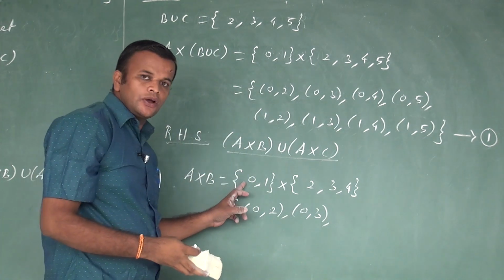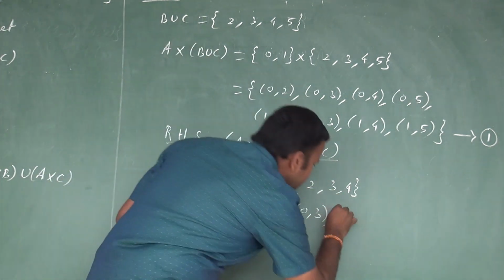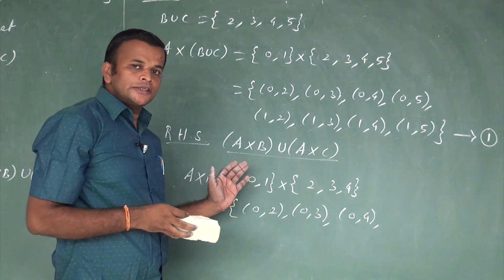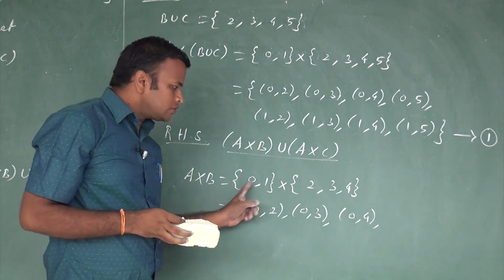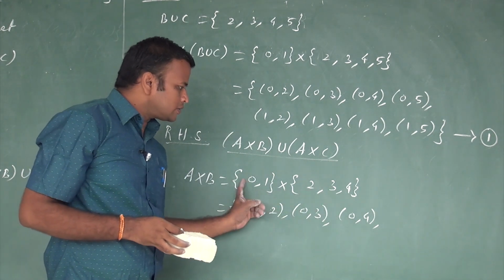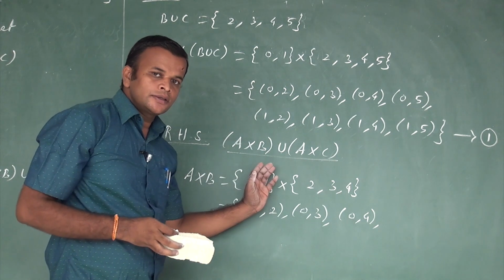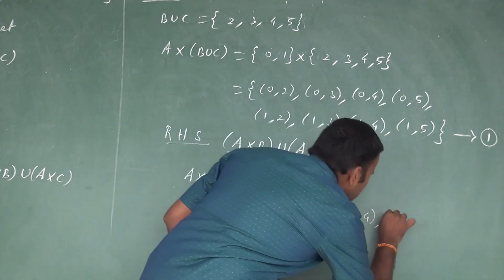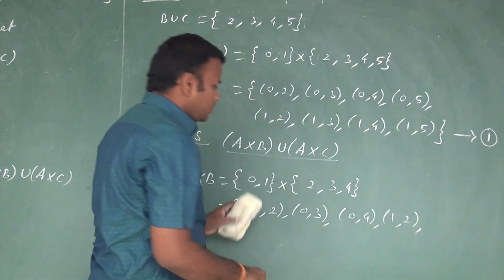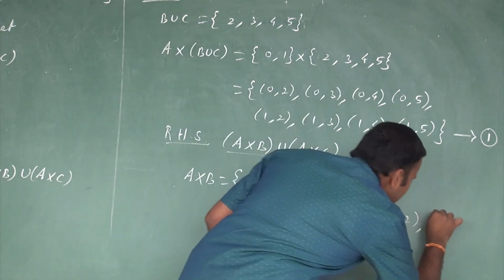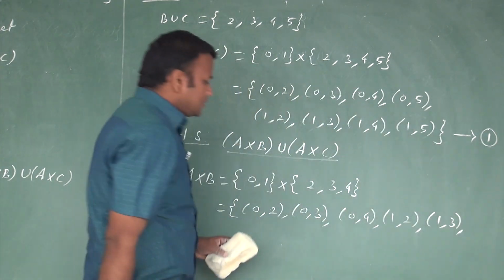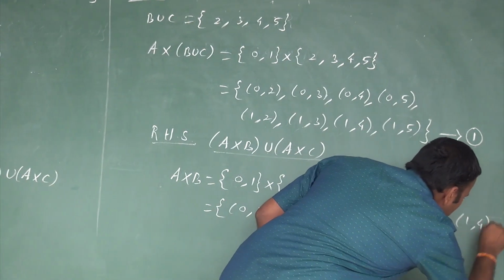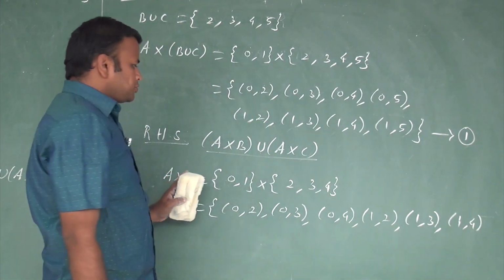The next one is 0, 4. Next we move on. The next possible ordered pair is 1, 2. Next 1, 3. And the last one is 1, 4. So we have written A cross B.